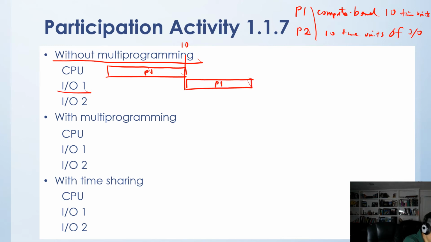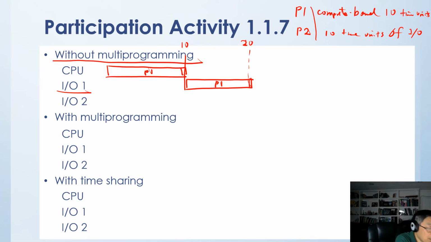P1 is going to use IO1. During this time the CPU is going to be idle, right? Because P1 just completed the CPU. But P2 cannot use the CPU because the operating system does not support multi-programming. So P1 is using IO1, and that means the CPU cannot be used by any other program.